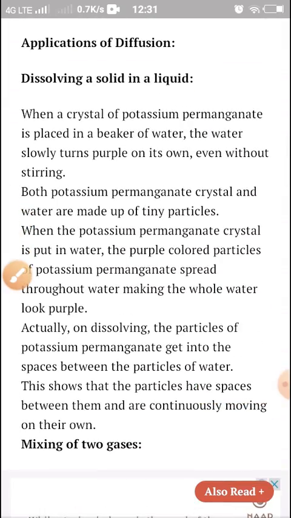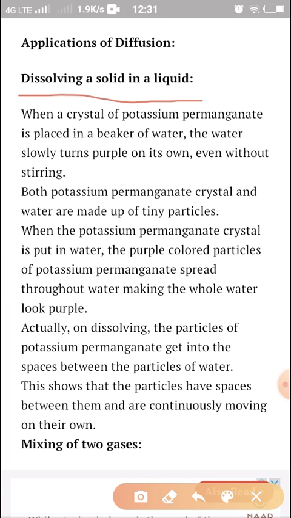Here we have applications of diffusion. What are the applications of diffusion? You might have heard of dissolving a solid into a liquid, for which you can take potassium permanganate, but I have taken sugar.